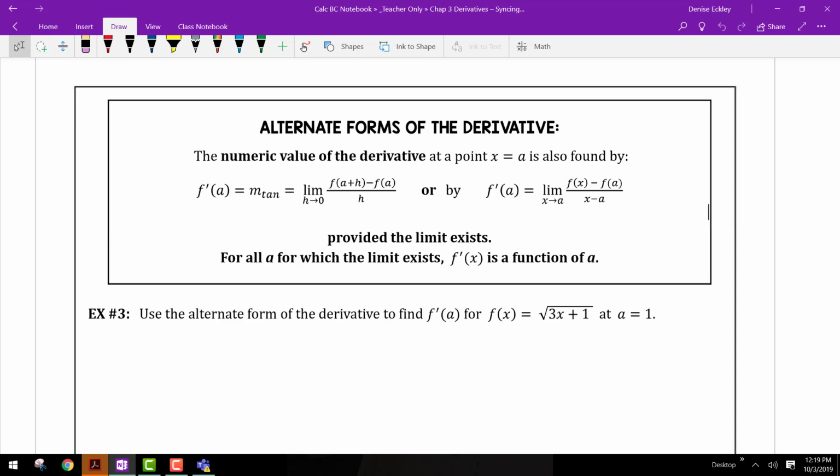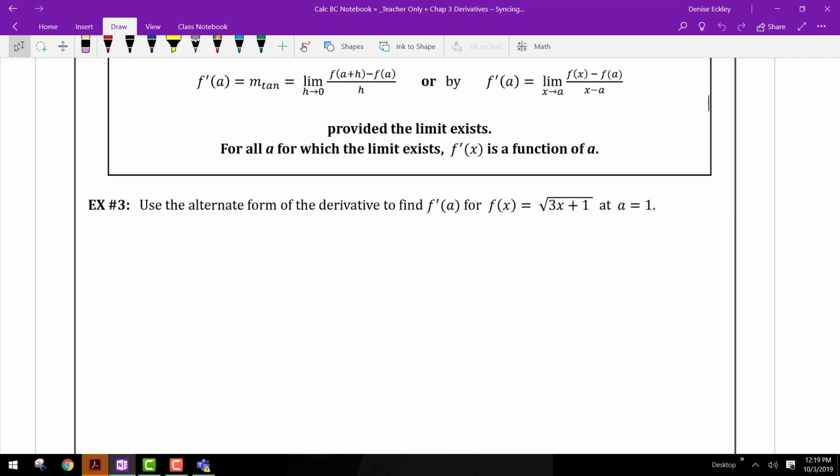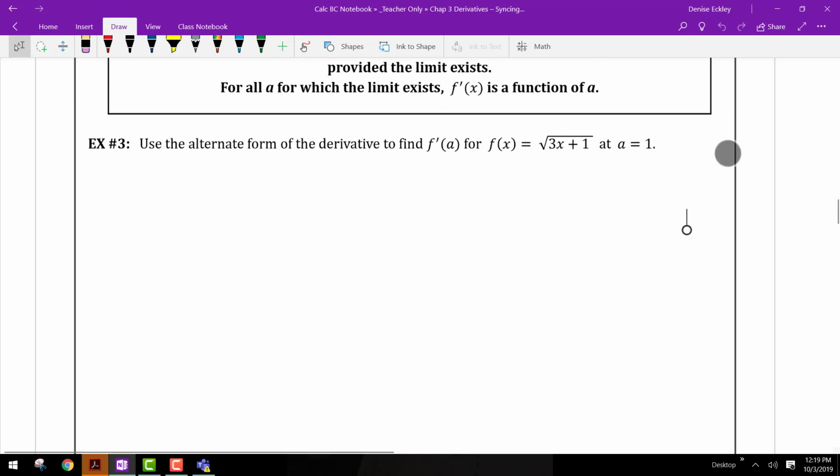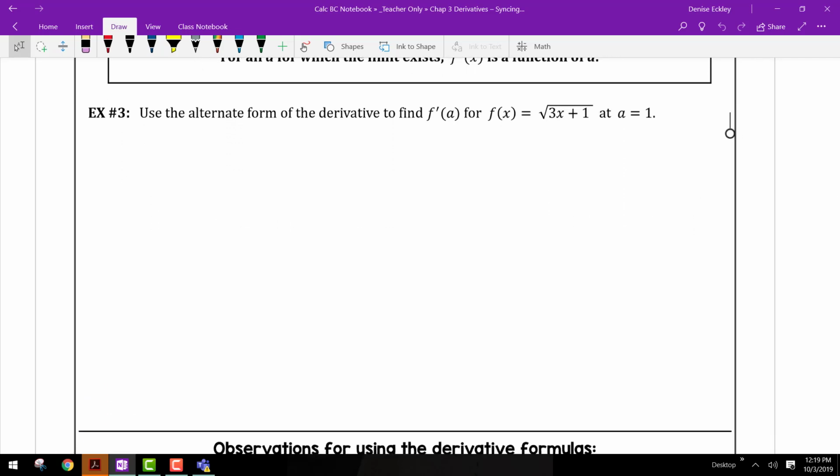Okay, so let's use the alternate form of the derivative to find f prime of a for f of x equal to the square root of 3x plus 1 at x equals a. So I am going to use this form.